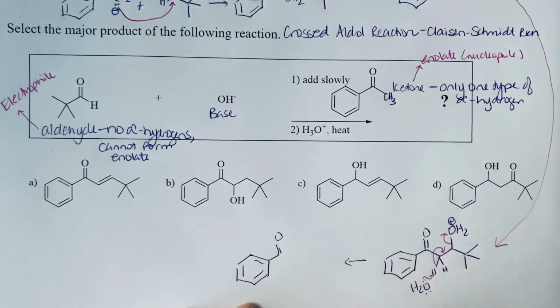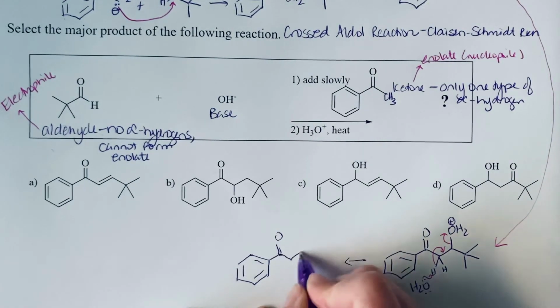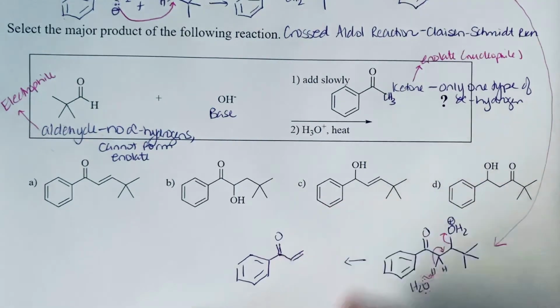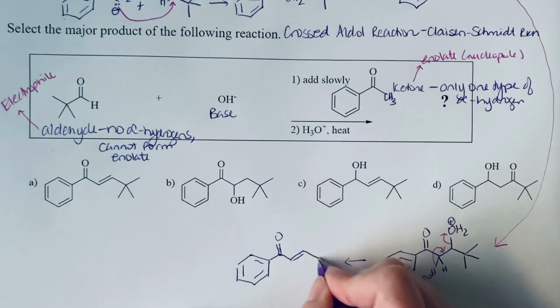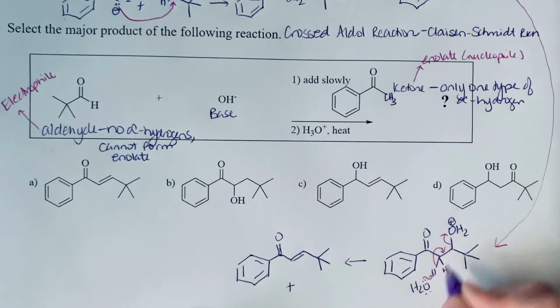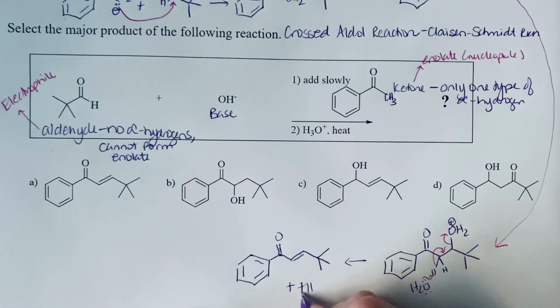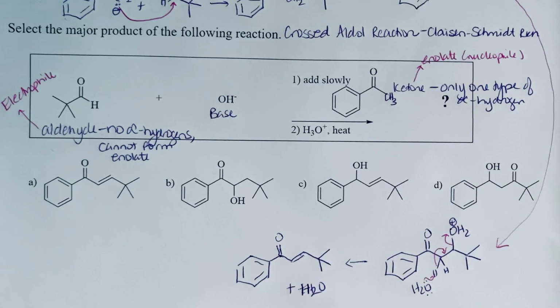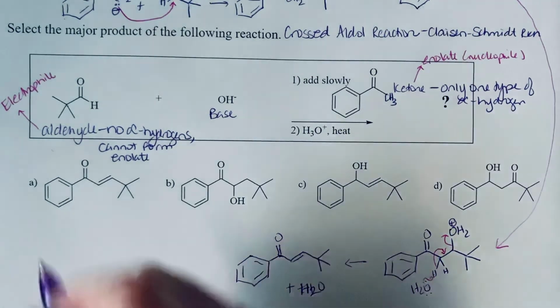And this should dehydrate pretty readily because you're getting this extended conjugation from the benzene ring through the carbonyl to that alkene. So there's the product. You've also formed a little bit of water, the water that you've eliminated. When you have a condensation, it's bringing together two molecules and eliminating a small molecule. And so hopefully you can recognize that this is option A.